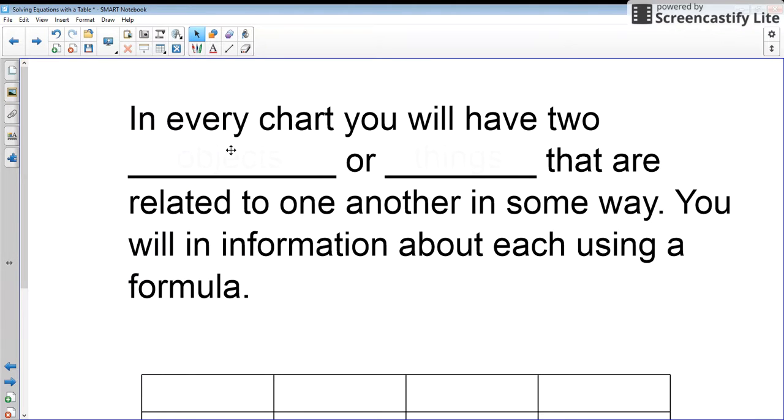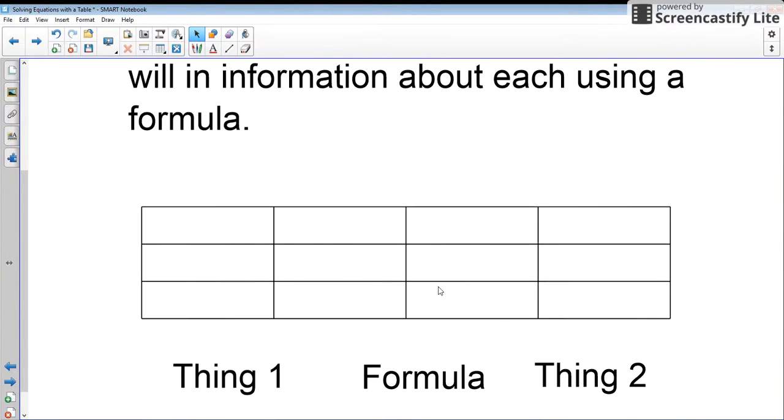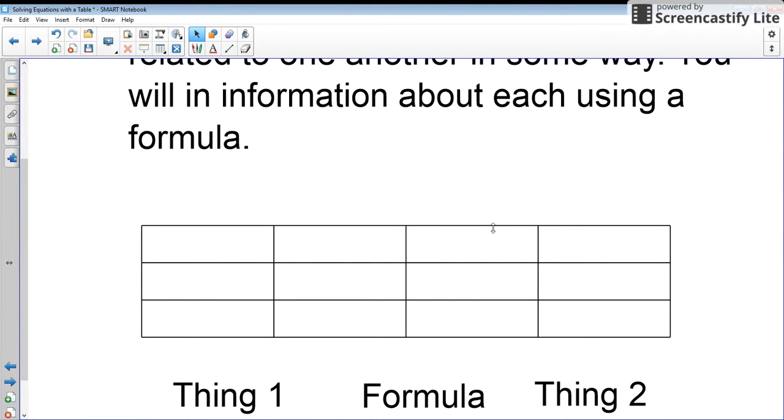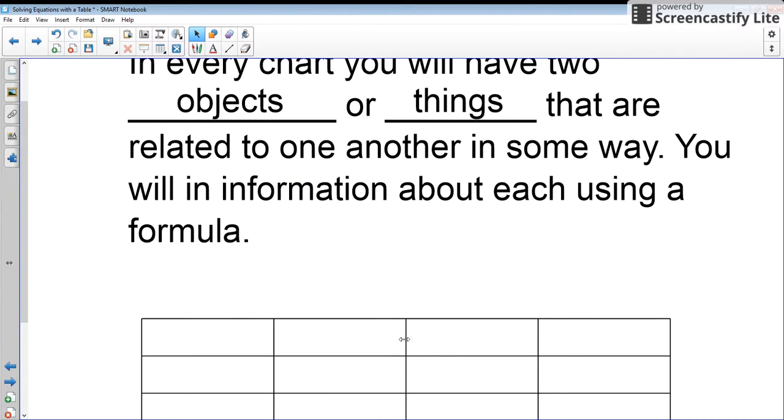Now, in every chart, you're either going to have two objects or things that are related to each other in some way. You will be filling in information about each using some kind of formula. And basically, they all are set up the same kind of way.